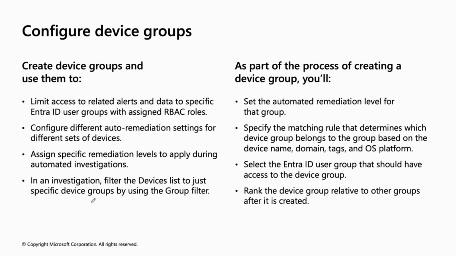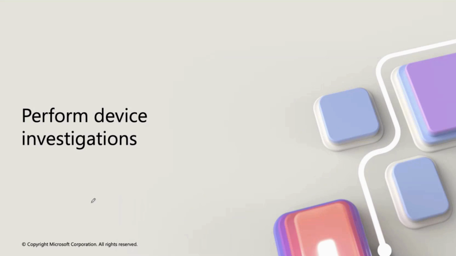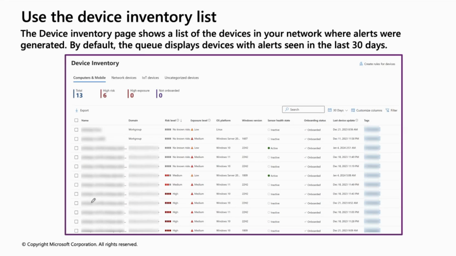Now, once your device is onboarded and users have started using these devices, you may be getting alerts for the same. For example, if any incident involves any device, you may need to perform a device investigation. For that, you need to go to device inventory. Under device inventory, whatever devices are onboarded must be listed.